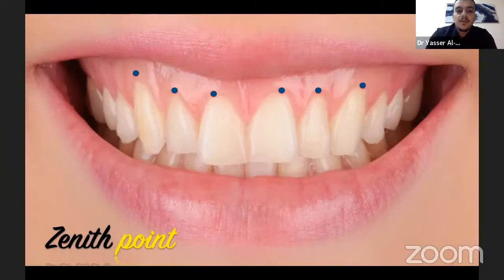The zenith point is more important because the axis of the tooth depends on it. The shape or symmetry of the gingiva or the cervical area of the tooth depends on it. The zenith point means the highest point of the gingiva of the tooth.